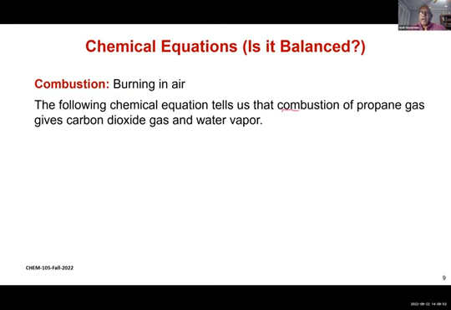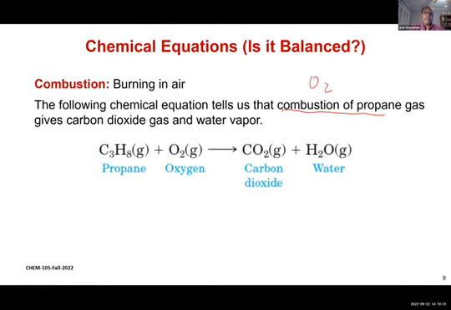Combustion is combining with oxygen. Carbon dioxide and water are produced. Propane is found in gas tanks you buy for gas grills. You normally do barbecue with propane.